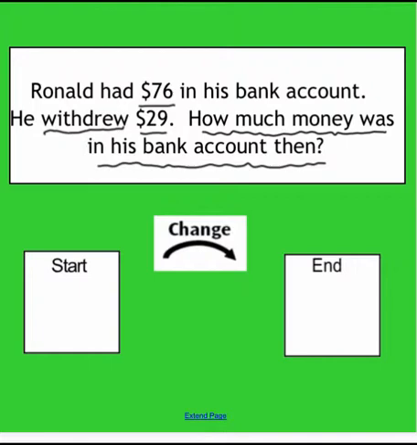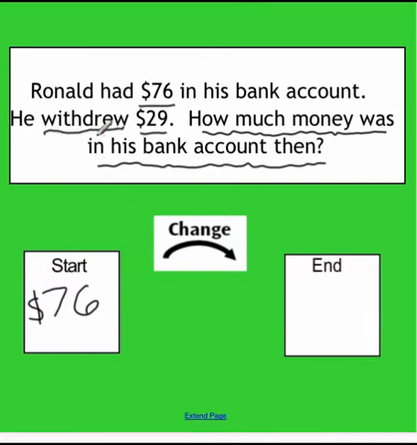Now I'm moving on to step 3 in my story problem solving. What am I going to do? I'm going to make a diagram. Again, we're going to use the start, change, end diagram. Ronald started with $76. The $76 was changing because he withdrew.